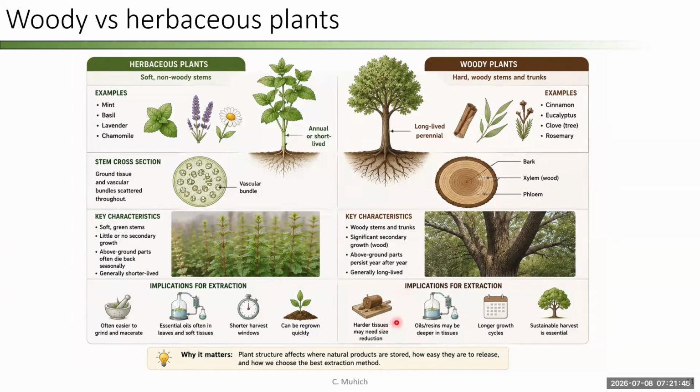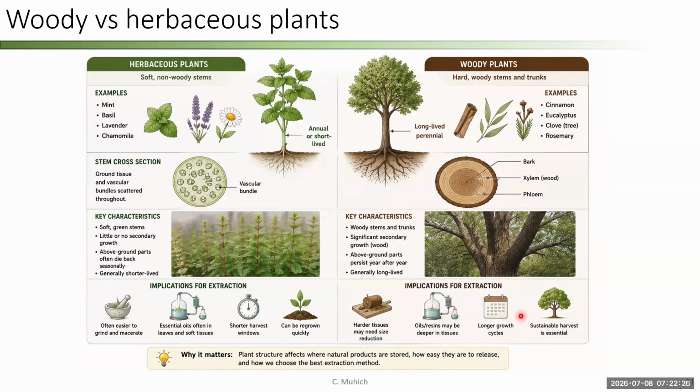Conversely, in the woody plants, those harder tissues generally require much more energy to grind and chip away at those structures. Some of those oils and other compounds that we're interested in tend to live deeper in the tissues, so the extractions generally take longer because we need those compounds to move through all of this extra biomass, which is there to try to prevent those extractions from happening.